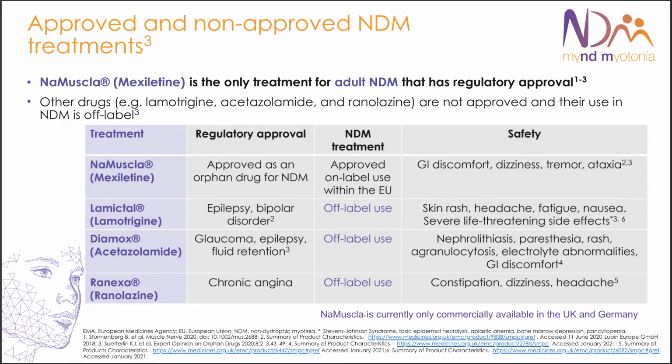Acetazolamide is approved for glaucoma, epilepsy, and fluid retention; for NDM it is off-label use, with a lot of side effects: nephrolithiasis, paresthesia, rash, granulocytosis, electrolyte abnormalities, and GI discomfort. Ranolazine is approved for chronic angina, used off-label, with safety concerns of constipation, dizziness, and headache.